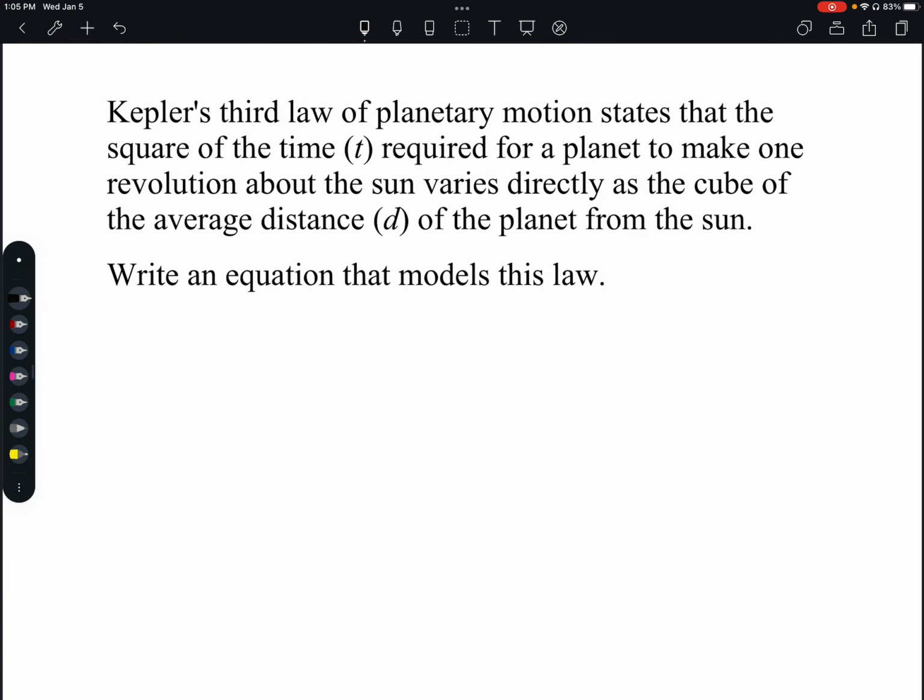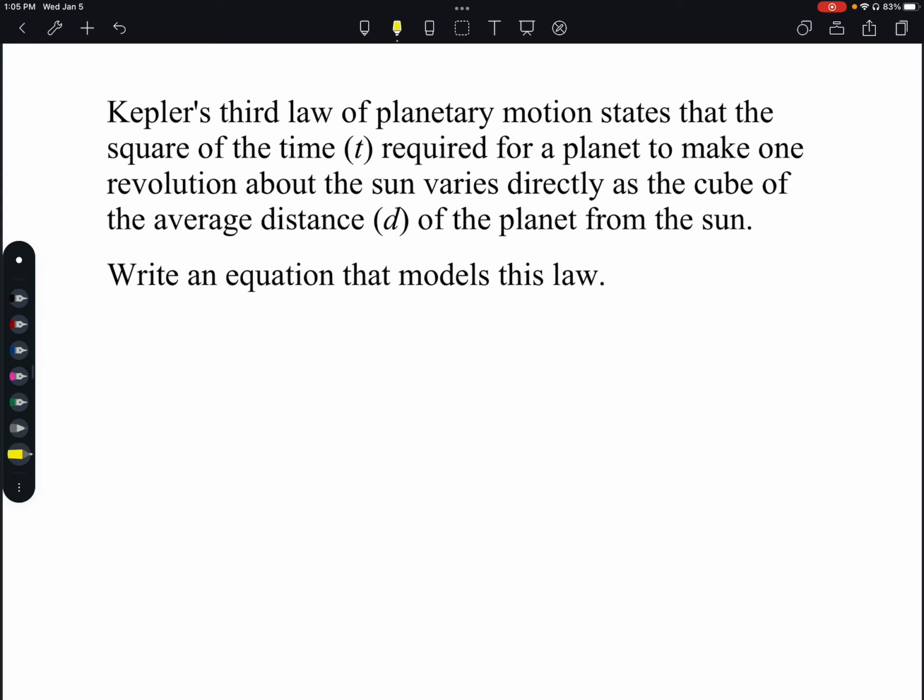The next example says, Kepler's third law of planetary motion states that the square of the time, t, required for a planet to make one revolution about the sun varies directly as the cube of the average distance, d, of the planet from the sun. They want us to write an equation that models this law.